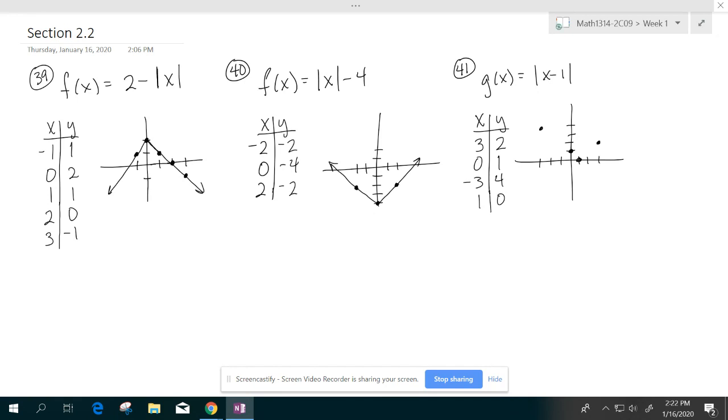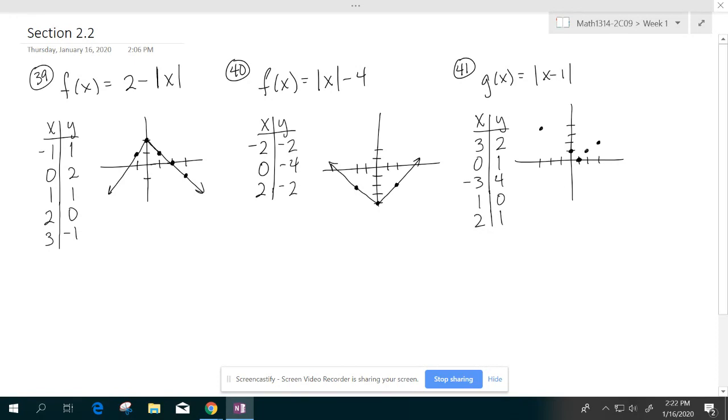And now if I connect this dot here and here, is that going to look like a symmetric V? Yeah. And just to prove that that is the vertex, let's also look at positive 2. So 2 minus 1, and the absolute value of 1.